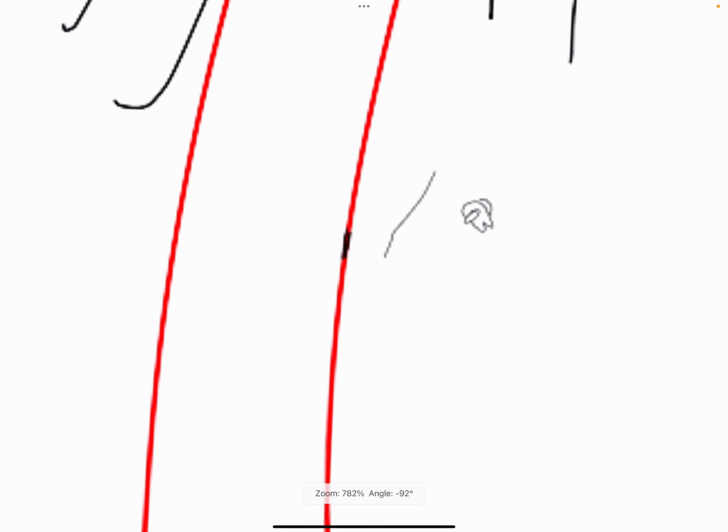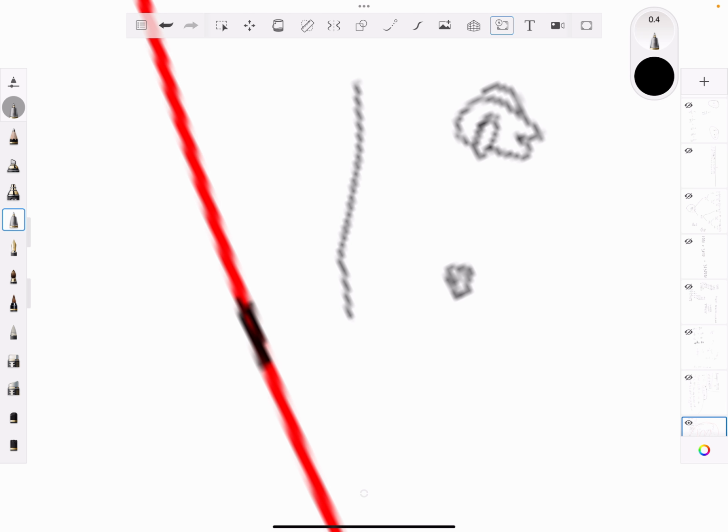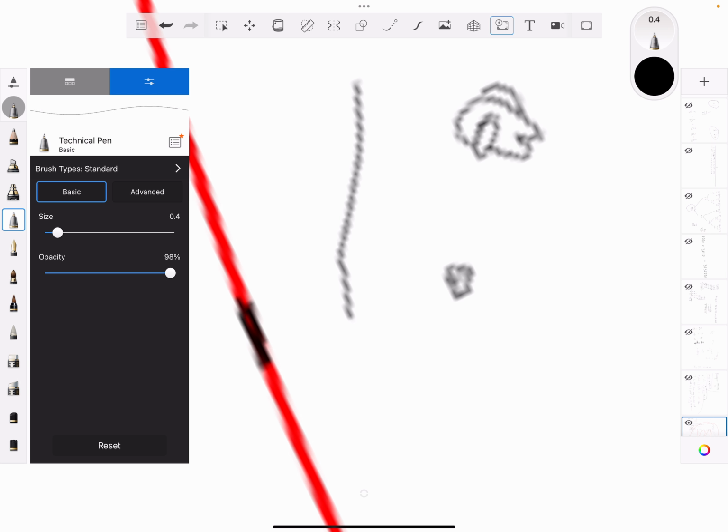Among Us, tiny Among Us hiding here. Tiny Among Us. The pencil is too big. Why do I get distracted so easily? But never mind. It's too blending.